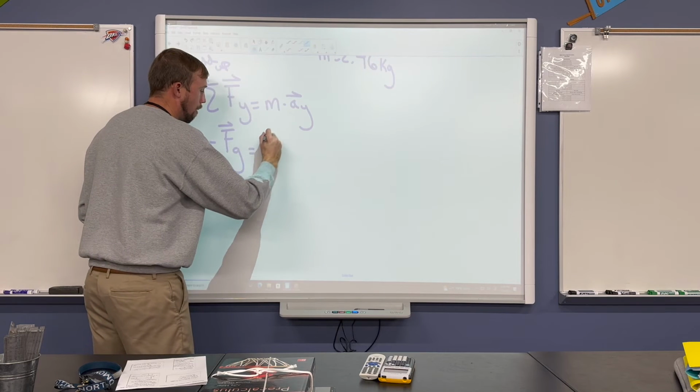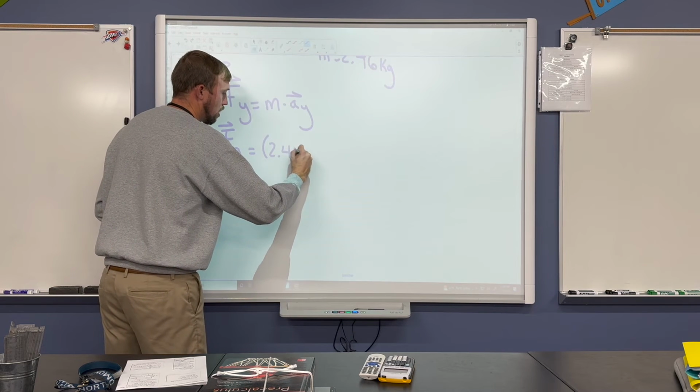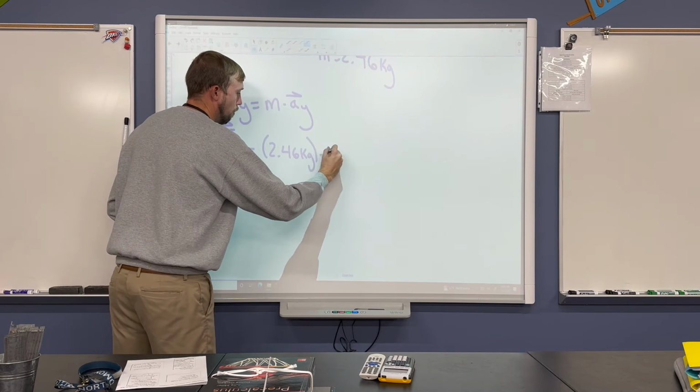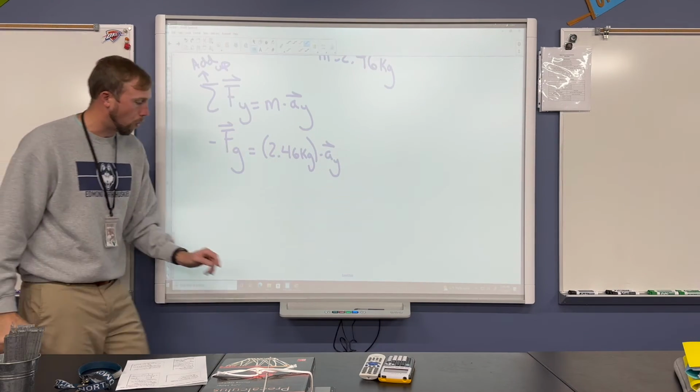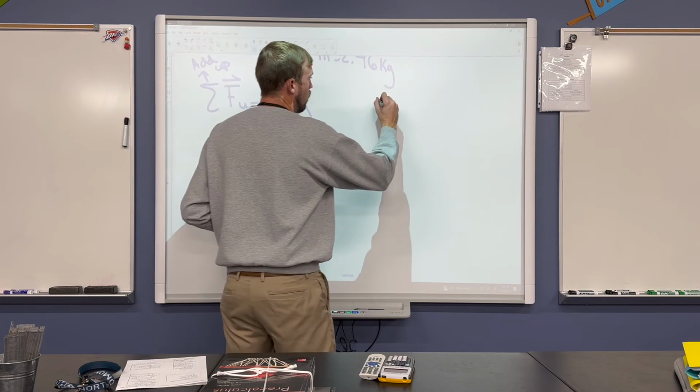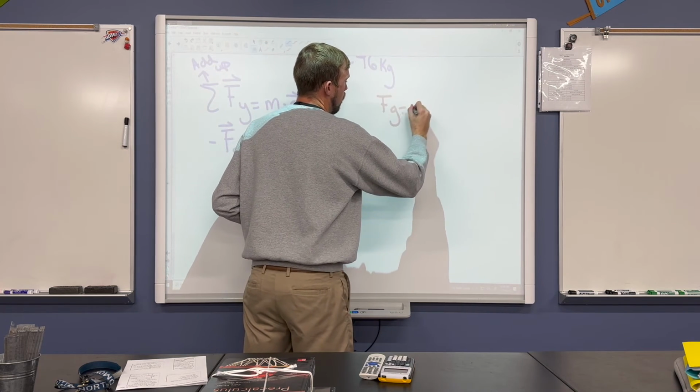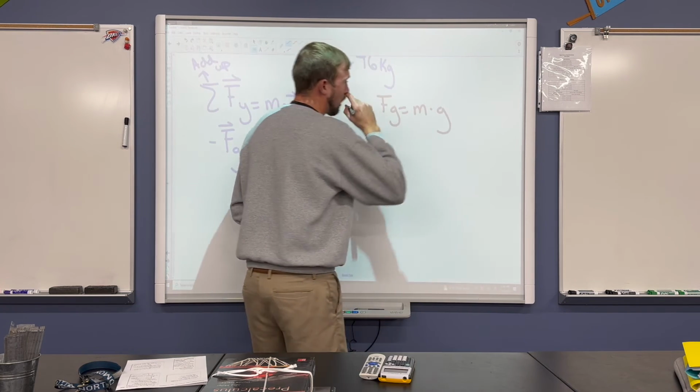Now that's equal to my mass, 2.46 kilograms, multiplied by my acceleration in the y direction. Now, what's my equation for force of gravity? Well, I'm going to come over here. Force of gravity, F sub g, is equal to mass multiplied by acceleration due to gravity.